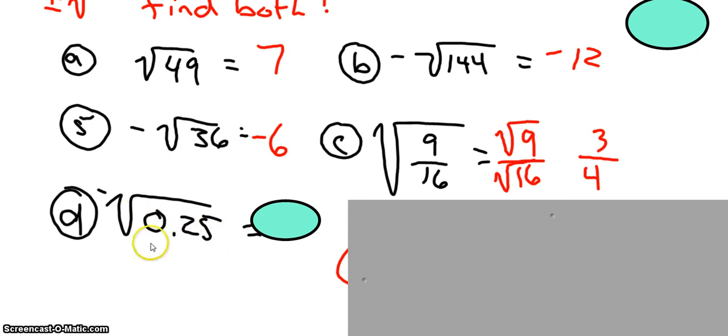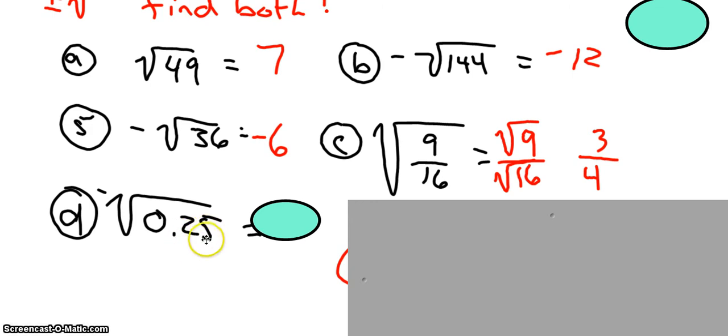Another tricky question is finding the root of a decimal. The nice thing about this decimal is 25 itself is a perfect square. So what is the square root of 25? Good, 5. Now the radicand has 2 decimal places, so the root will have 1 decimal place, right?